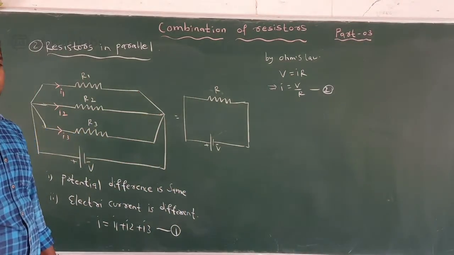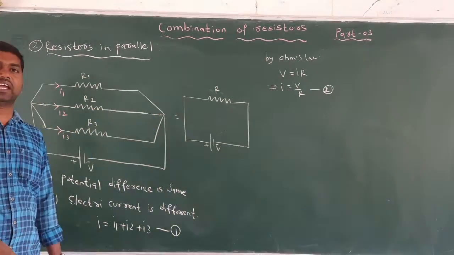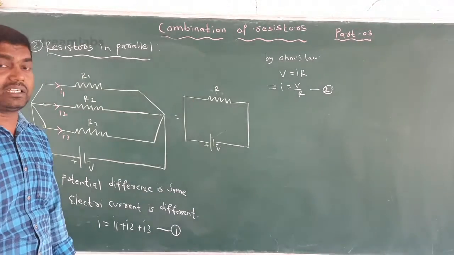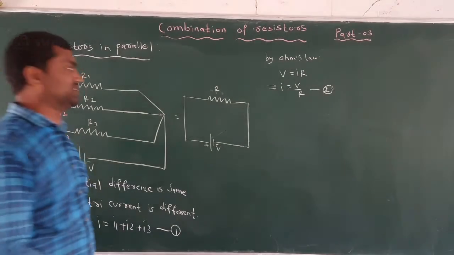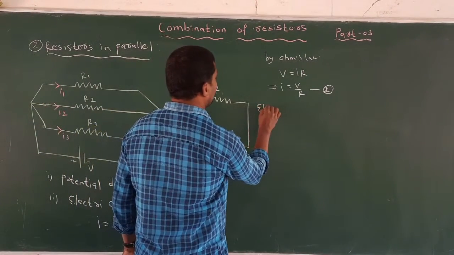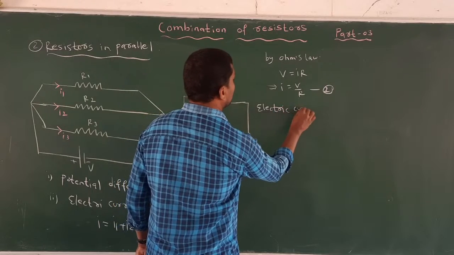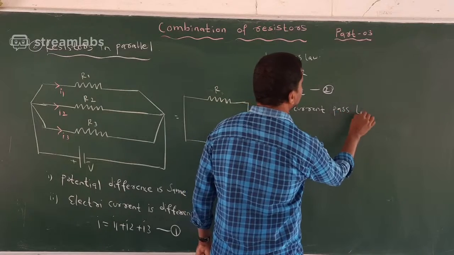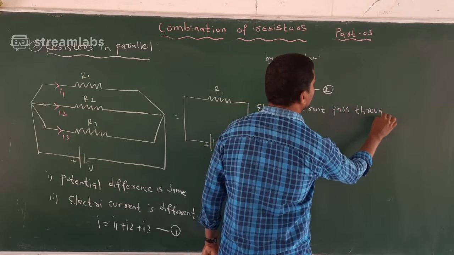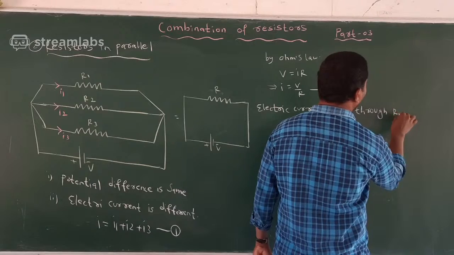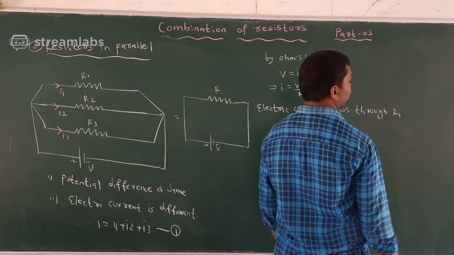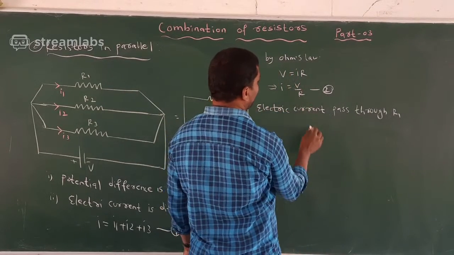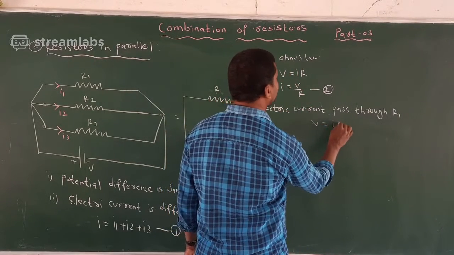Next, we can calculate the I1 value, I2 value, I3 value. Where can we calculate I1? The electric current passed through the R1 resistor. We use the common formula V is equal to IR.